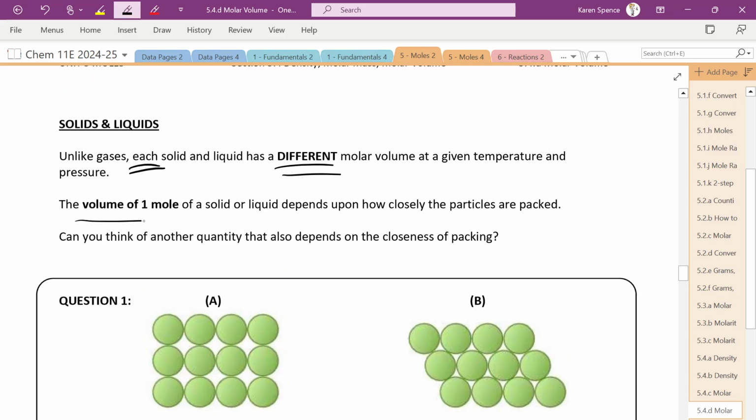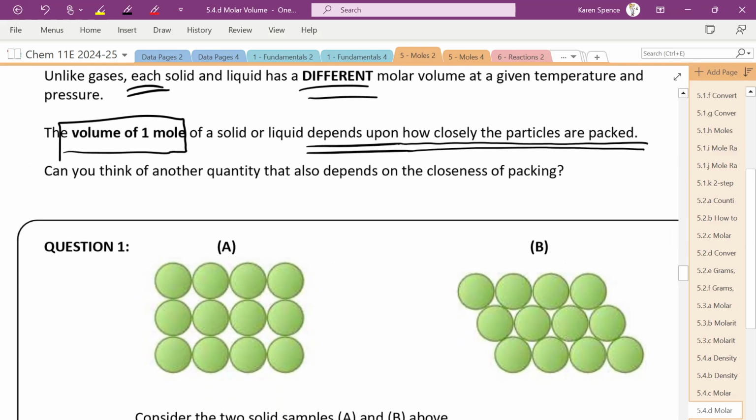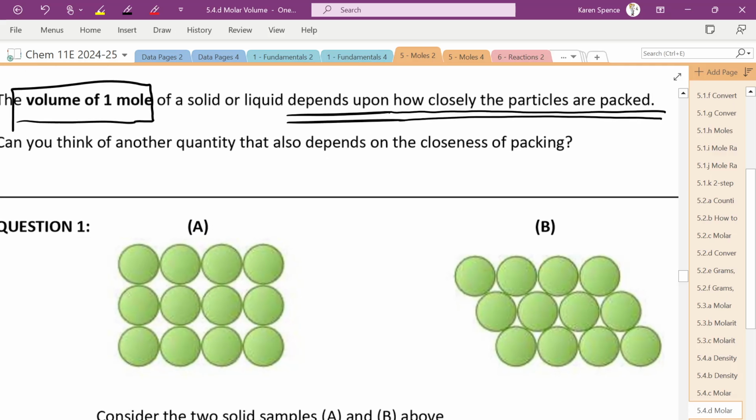The volume of 1 mole depends upon a couple of things. One is how closely the particles are packed. Here is an example of different ways you could pack atoms into a solid. Both of these have 12 atoms.